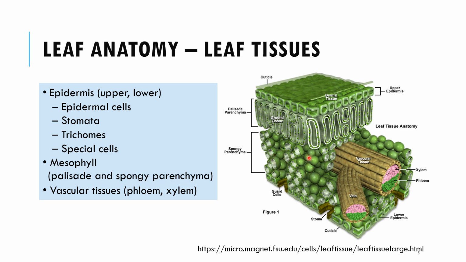At the lower leaf, you have stomata, which are for the exchange of gases. The central region between the epidermises contains the vascular tissue, xylem and phloem. And at the lower leaf, you can see the lower epidermis here.